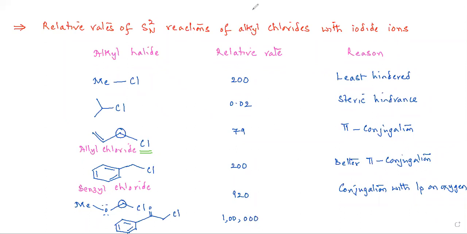This is super. You got a carbonyl group at alpha position to the carbon that has halogen. Okay.